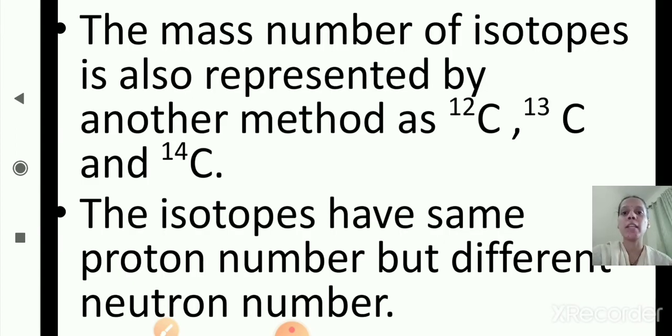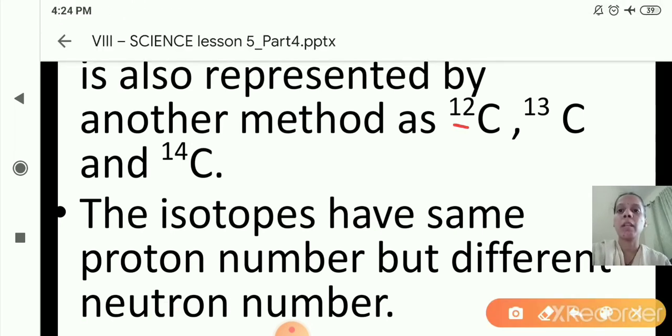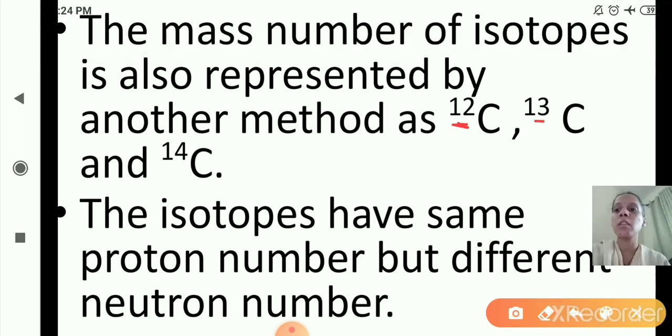The mass number of isotopes is also represented by another method as C12, C13 and C14. As you can see here on the top, this is the mass number. So carbon isotopes have the same atomic number but different mass numbers, so they are called isotopes.